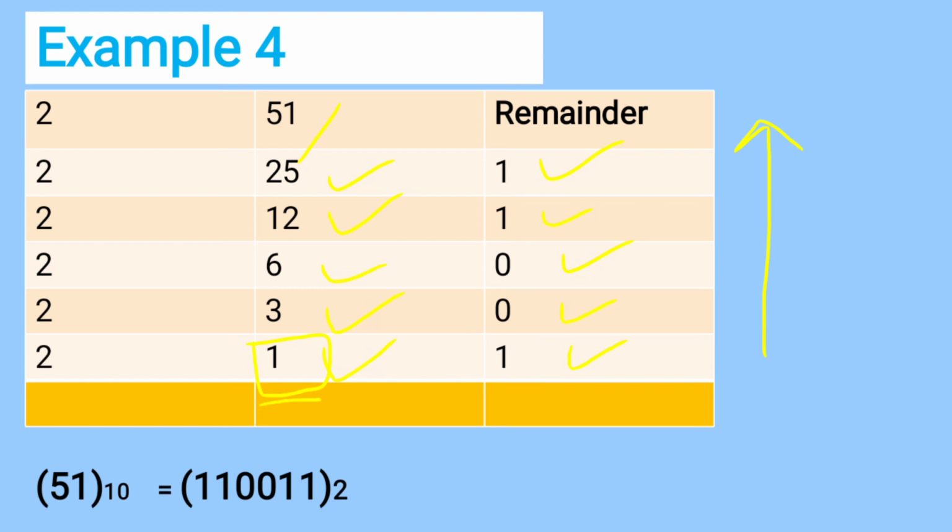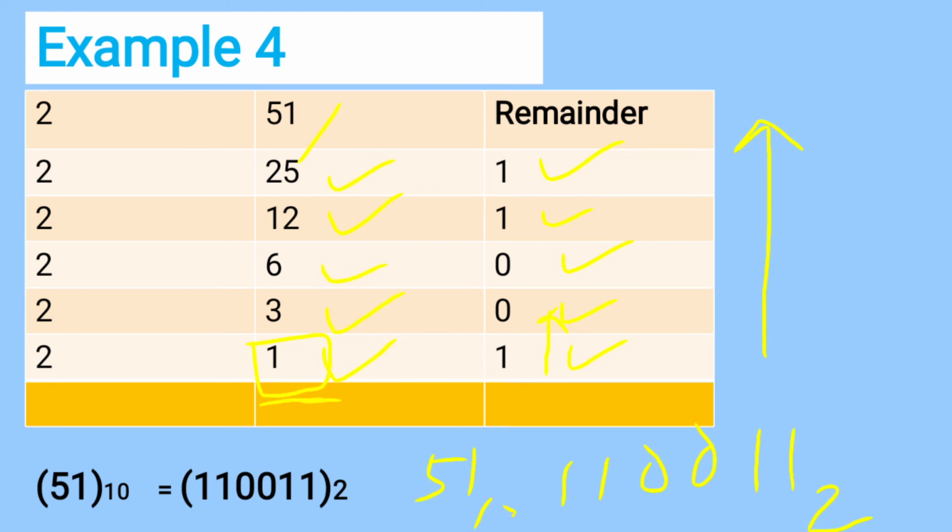So finally, taking this 1, write this 1 and the remaining values from here to here. When you go from bottom to top, it will be 1 1 0 0 1. But don't forget to mention the base of the original number also. 51, since it is in decimal form, write the base as 10 because the base of a decimal number is 10.